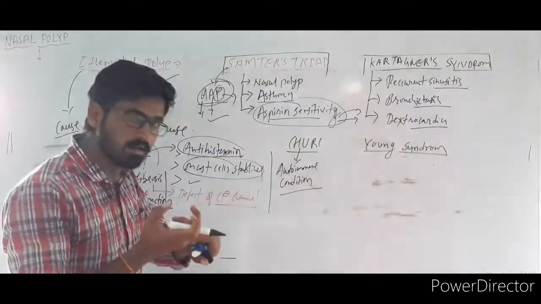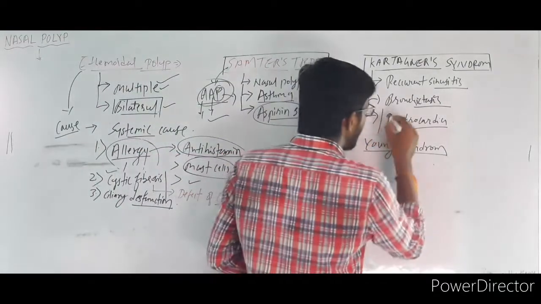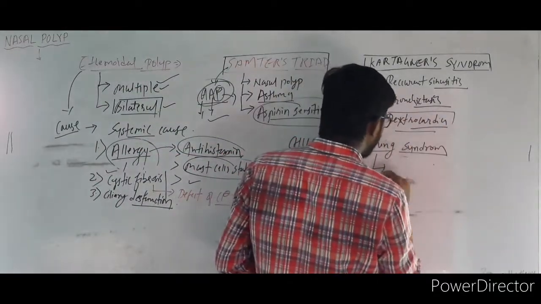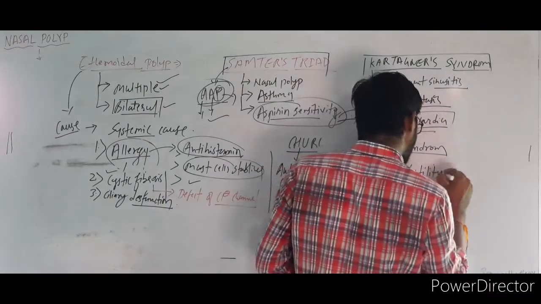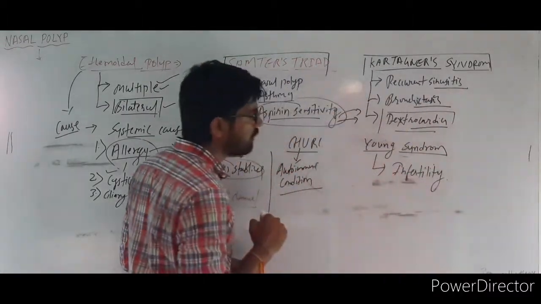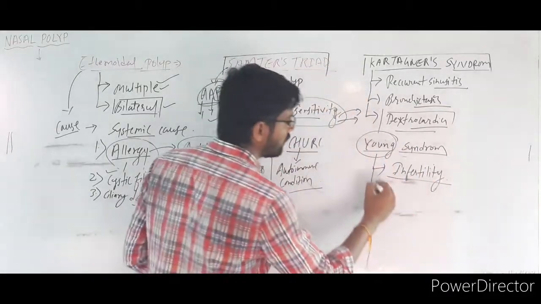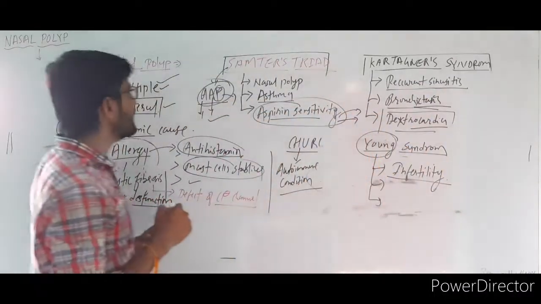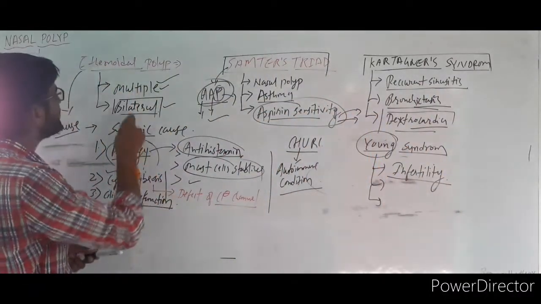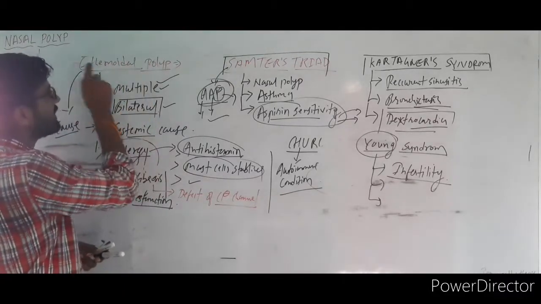So recurrent sinusitis will be there, bronchiectasis will be there, and instead of dextrocardia, here there will be infertility. So how do you remember? Young: remember infertility, and two more, recurrent sinusitis and bronchiectasis. Okay, so these all are the systemic conditions which cause bilateral ethmoidal polyps.